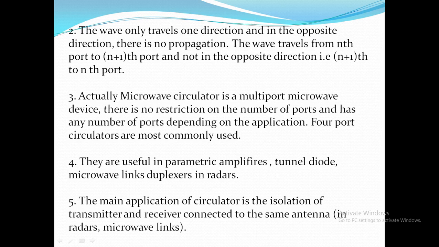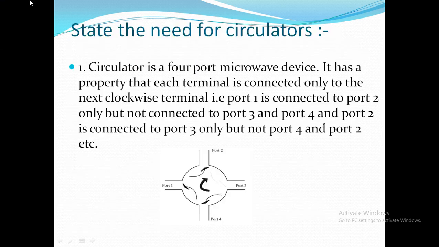So once again, we'll discuss the circulator. The microwave circulator is a multi-port or four-port device in which power is circulated from one port to another port in one direction only.